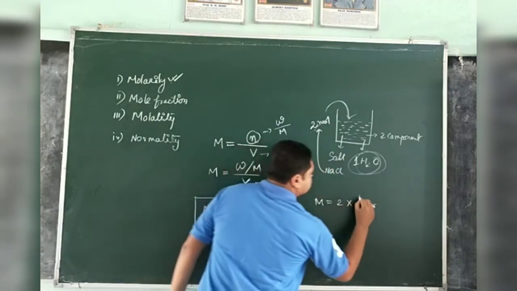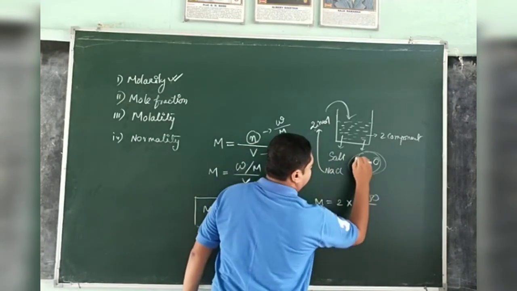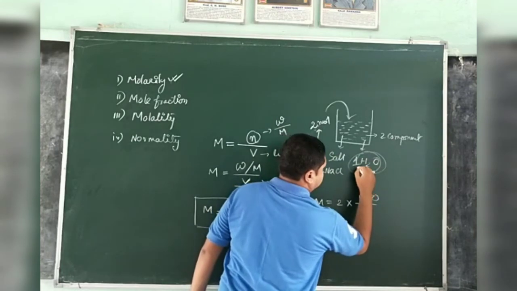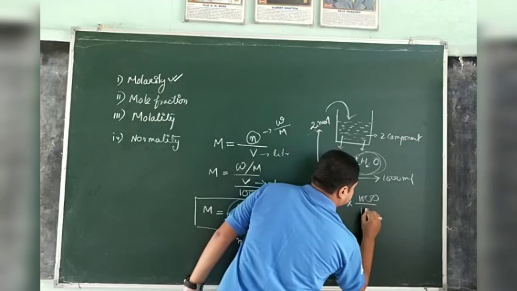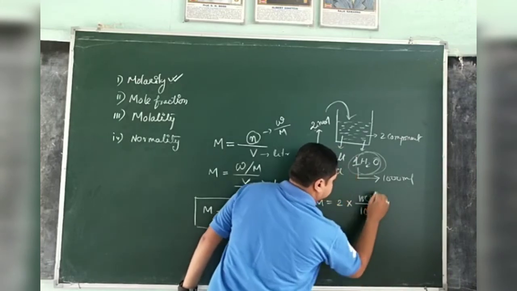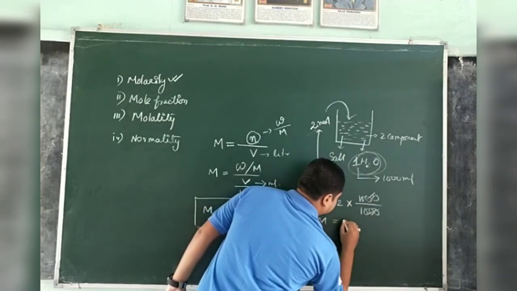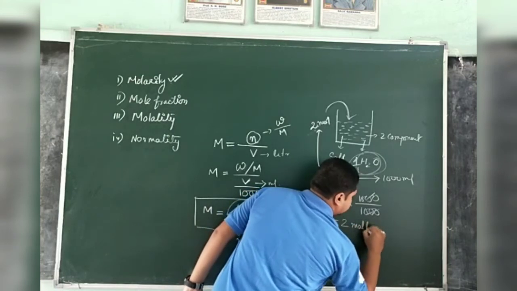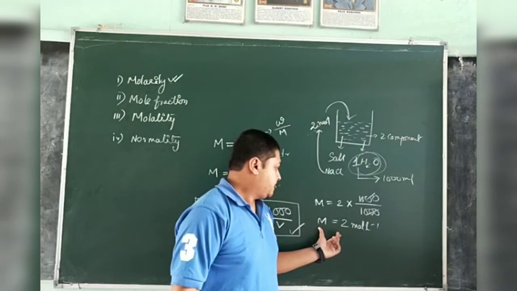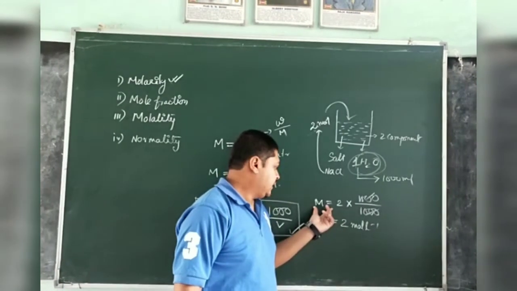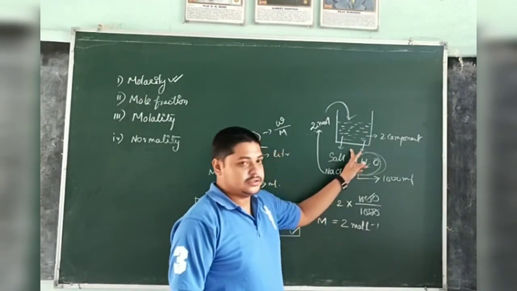So 2 into 1000 divided by 1 liter of water. 1 liter means what? In terms of milliliter, 1000 milliliter. So molarity is what? 2 mole per liter. This is the formula of molarity, and this is the molarity of this solution.